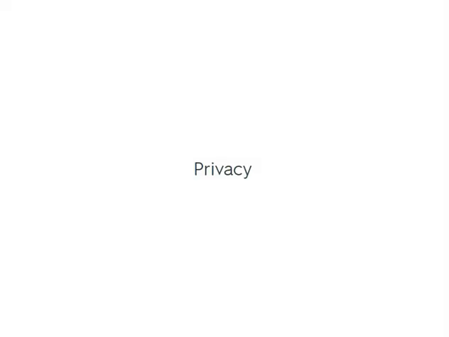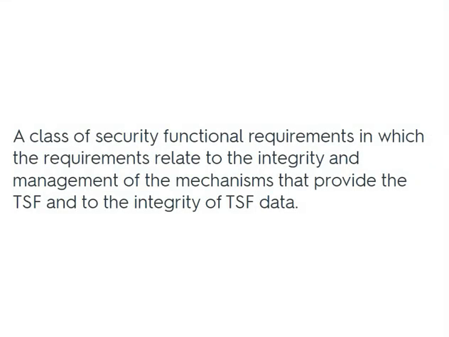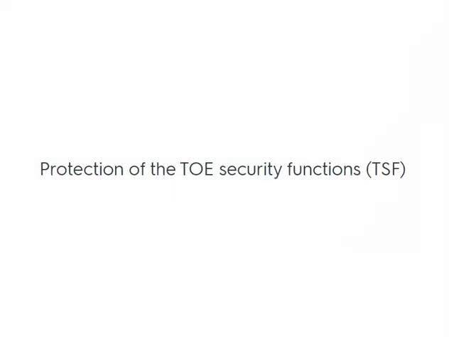Privacy. A class of security functional requirements in which the requirements relate to the integrity and management of the mechanisms that provide the TSF and to the integrity of TSF data. Protection of the TOE security functions.